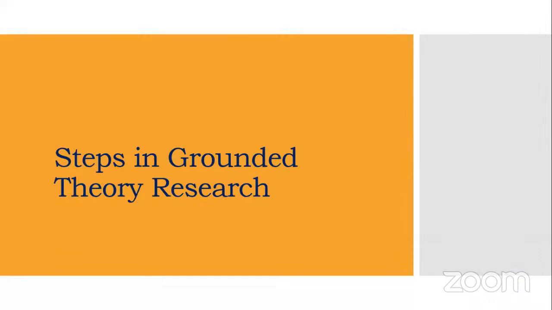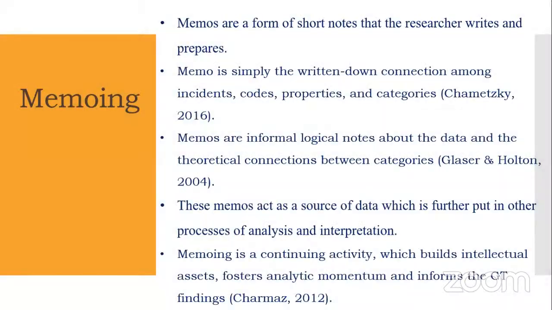So the steps in grounded theory research, what are the different steps that we can consider? Memoing. As I mentioned, memoing is one of the major steps in grounded theory research. So what are these memos? Memos are a form of short notes that the researcher writes and prepares. What kind of short note?